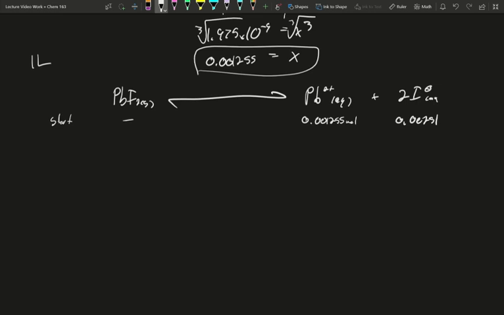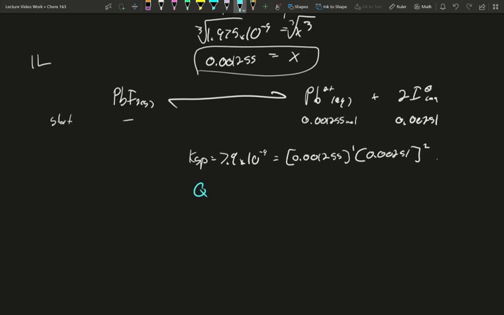Well, at equilibrium, we always have to equal the equilibrium constant. So KSP, 7.9 times 10 to the minus 9, is going to be equal to 0.001255 to the first times 0.00251 to the second. Well, let's just imagine for a moment that we're going to solve some Q values.